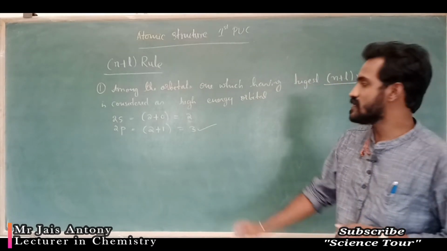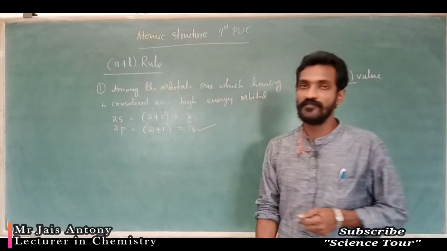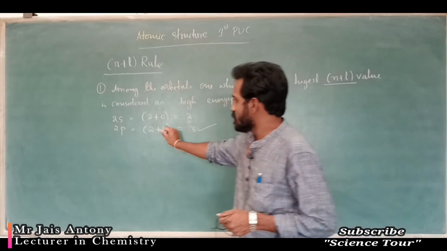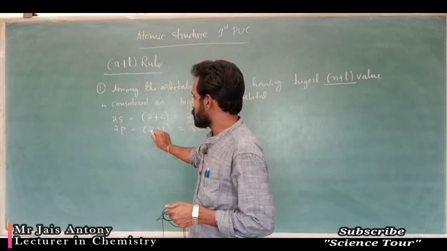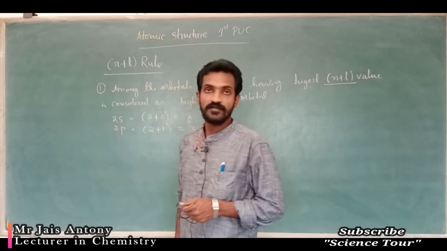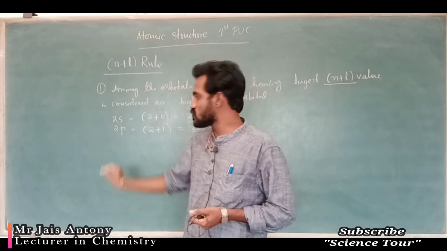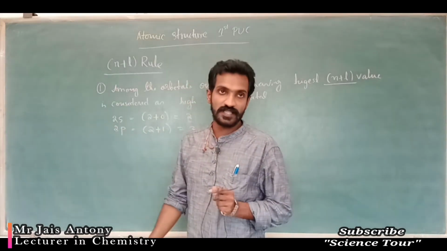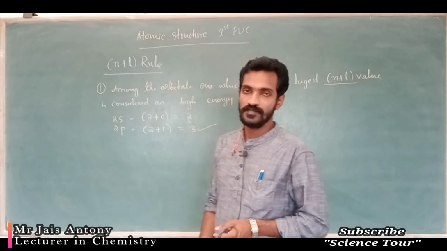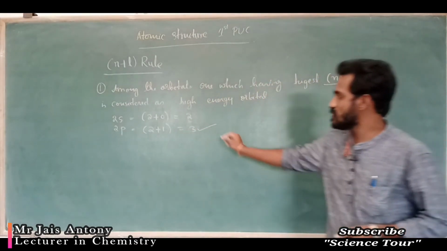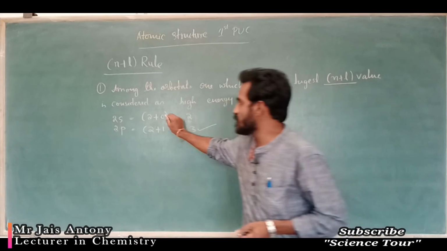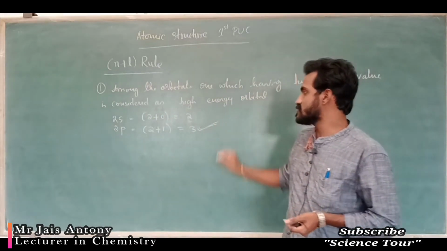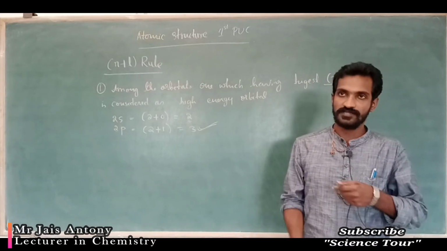Here n is the main energy level, which is 2. The L value for p is 1, so the total is 3, while the L value for s is 0, so you get 2. So 2p has the highest energy.